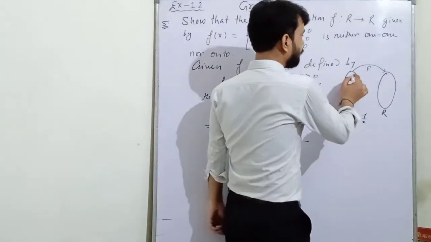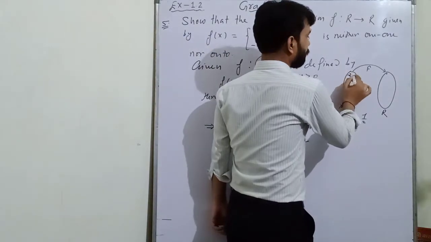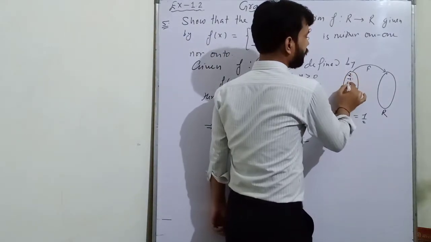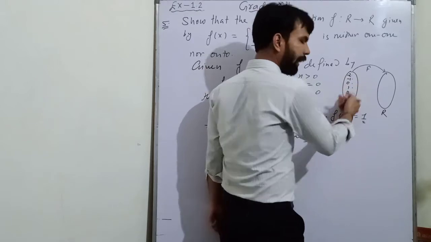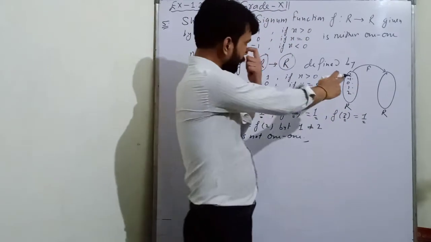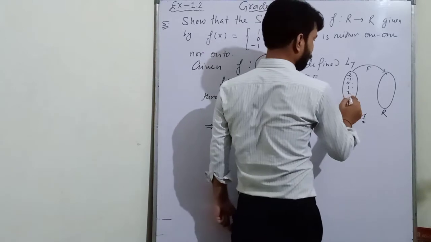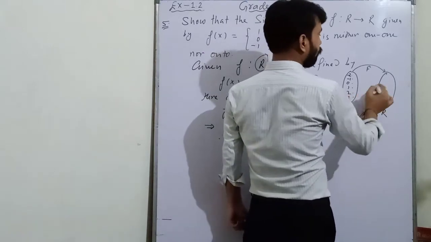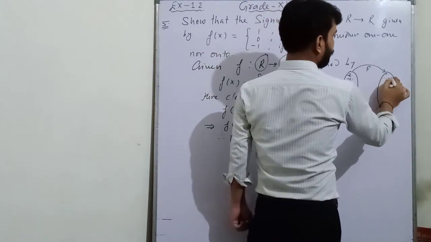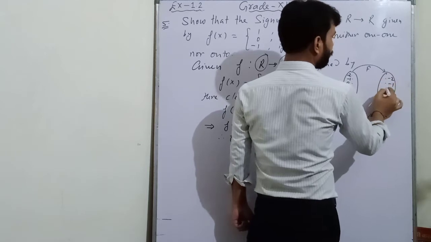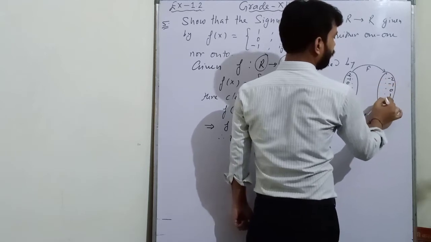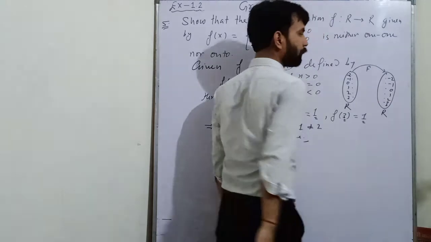All the real numbers means -2, -1, 0, 1, 2 and so on. Similarly in codomain, -2, -1, 0, 1, 2 and 3.